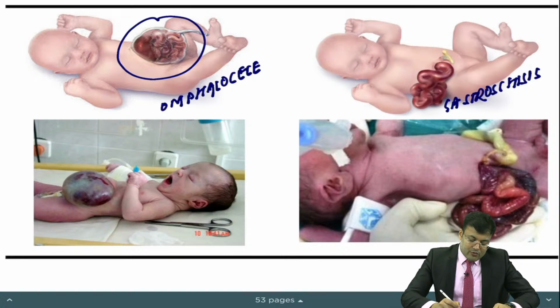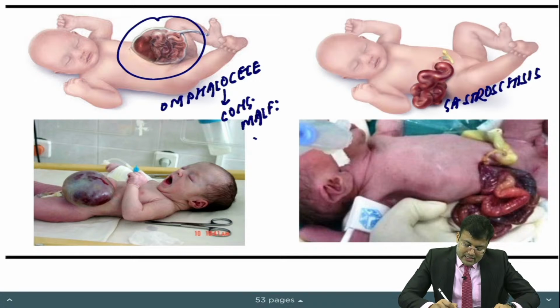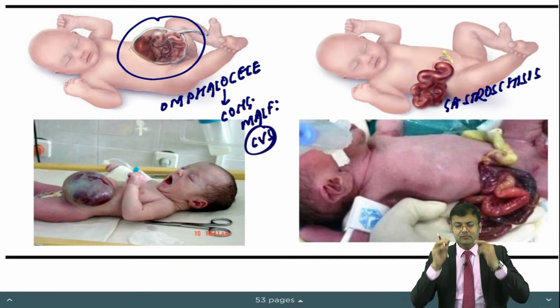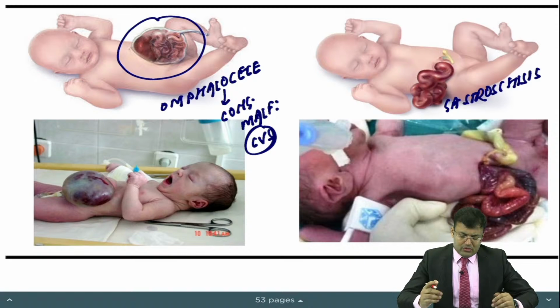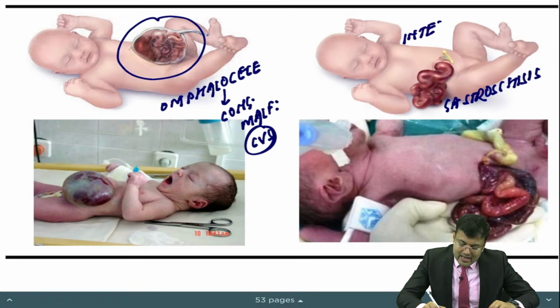An important point is that omphalocele is associated with congenital malformations. And what is the most common congenital malformation? Cardiovascular. Because of this congenital malformation, there is death. In gastroschisis, these patients have intestinal complications and there is intestinal atresia.